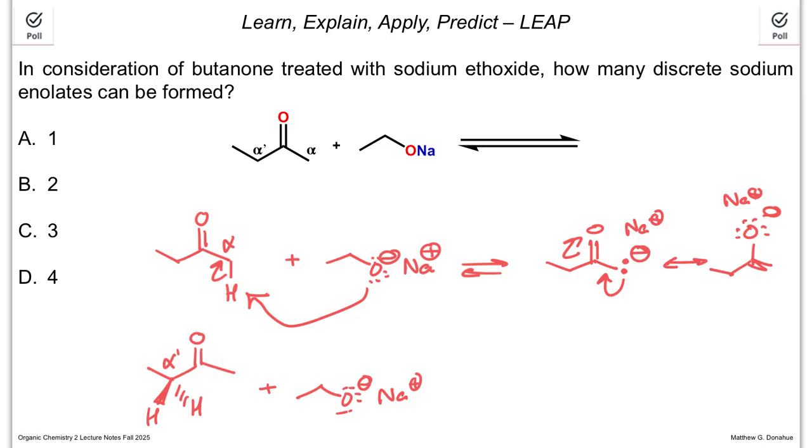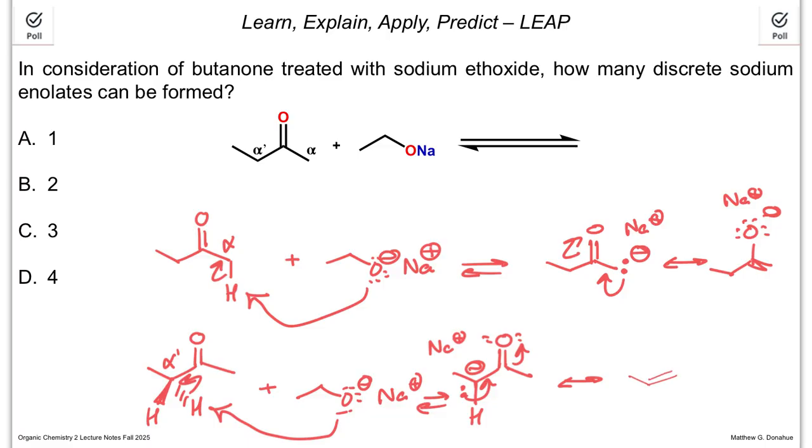So let's just show the acid-base reaction. That carbanion will have resonance. And so that would be the Z enolate.